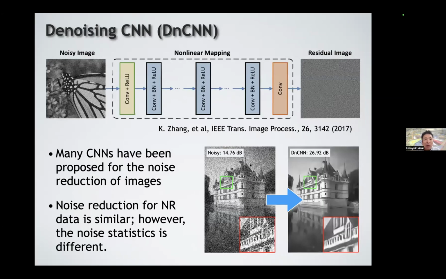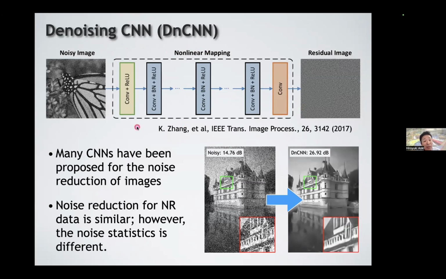So the initial network that we used is based on the denoising CNN, called the DnCNN. This was initially proposed for denoising two-dimensional images like this.